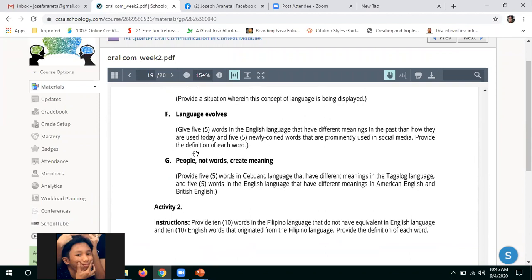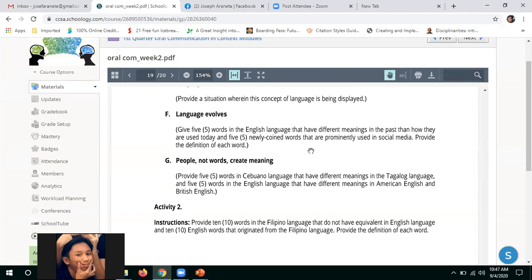Language evolves. Give 5 words in English language that have different meanings in the past than how they are used today. Meaning, 5 English words that have different meanings in the past that are being used today. Iba na yung pagkagamit sa kanila in the present time. And 5 newly coined words that are prominently used in social media.